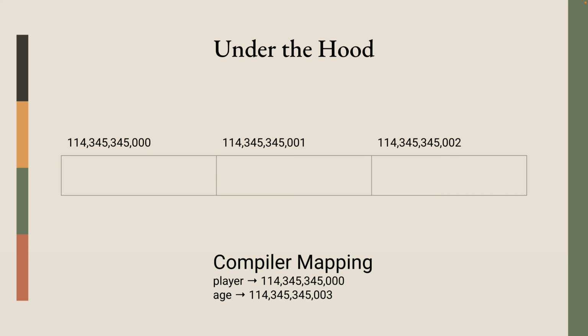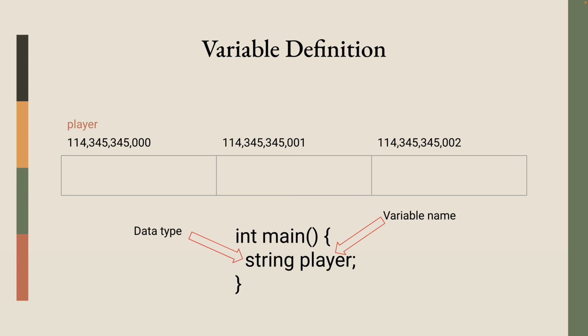Instead of us as programmers having to write down each of the numbers, all we have to do is remember the name. Now I'll go to the next slide and illustrate it a bit more. Whenever player is referenced, the compiler knows to go to that memory location and get whatever information is stored there.